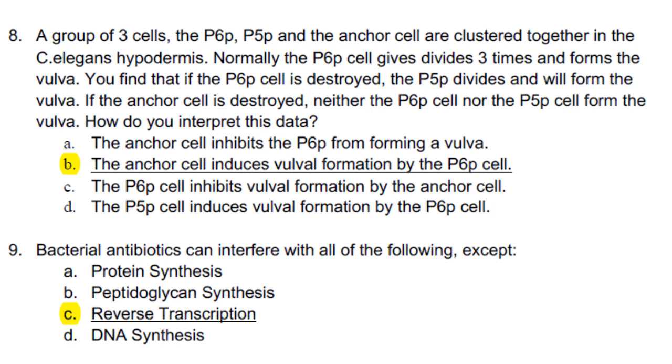The anchor cell inhibits P6.p from formation of vulva: that is not correct. The anchor cell induces vulval formation in P6.p cell: that is correct. The P6.p cell inhibits vulval formation by the anchor cell, and P5.p cell induces vulval formation from the P6.p cell: they both are not correct.